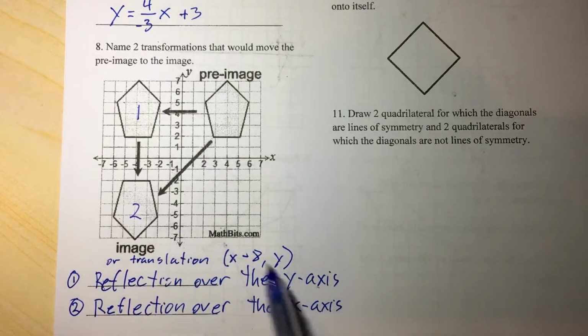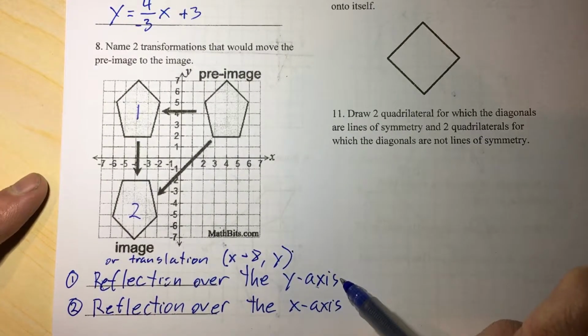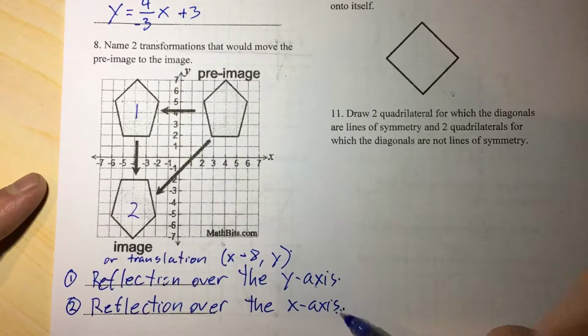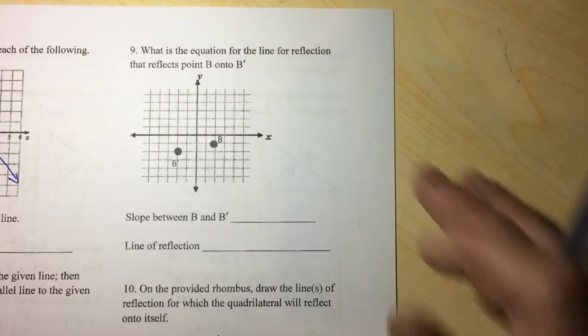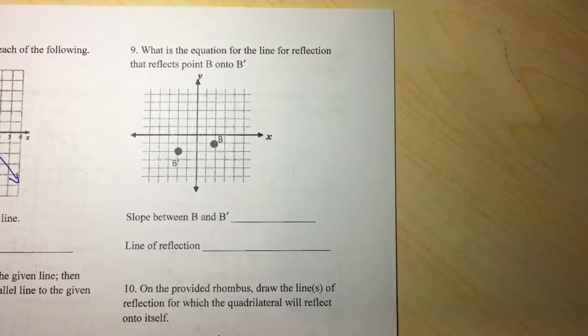So a translation. So I would accept either this or this for the first step, but this step absolutely has to be a reflection over the x-axis. Okay, so we're on to our next steps.